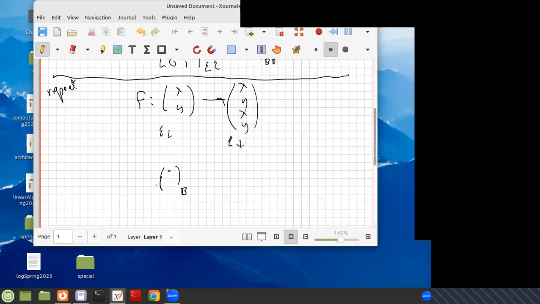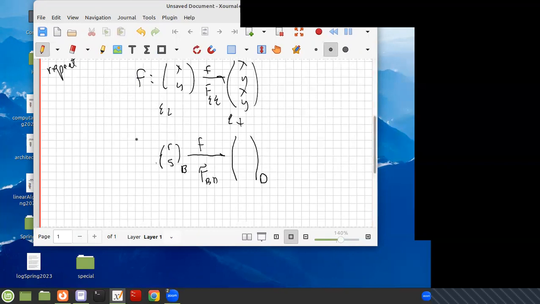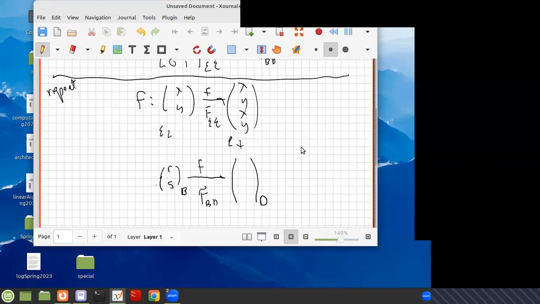So X, Y, say Z and W, and now let me use R and S. We want to know what the image is where this thing is going to be in basis D. So there's the map F here, the matrix F. It's the same map in both cases, but the matrix here is epsilon, epsilon, and the matrix here is going to be B, D.